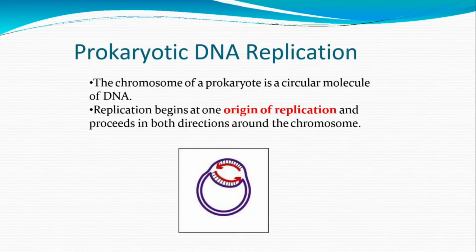Whenever we want to initiate DNA replication, we cannot initiate from any specific site. We should be able to initiate from a very conserved sequence known as the origin of replication, OriC.